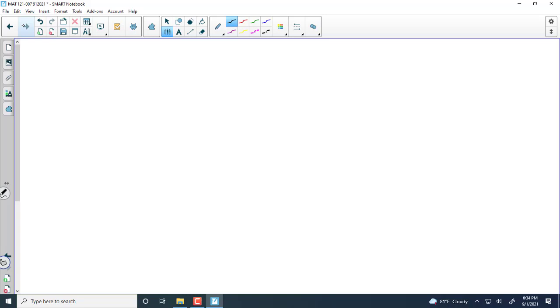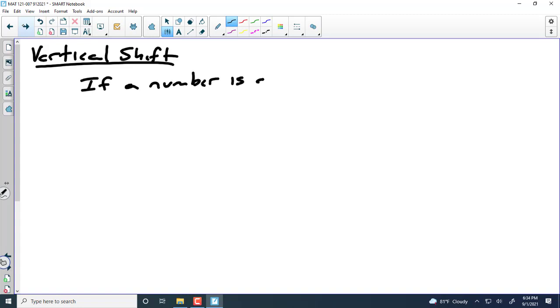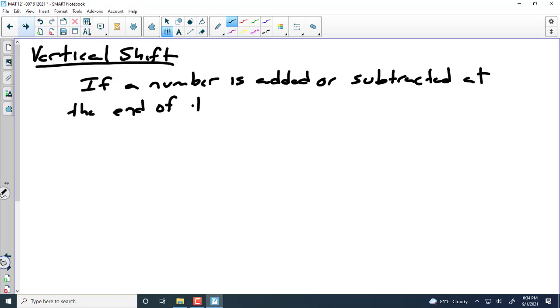Okay. Let us start with the vertical shift. It's actually the most straightforward one. Vertical shift. If a number is added or subtracted at the end of the function, and another way I'm going to describe that is saying outside the function.